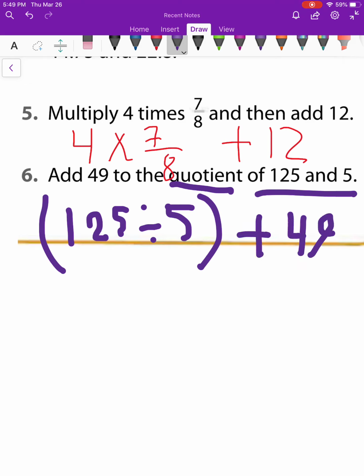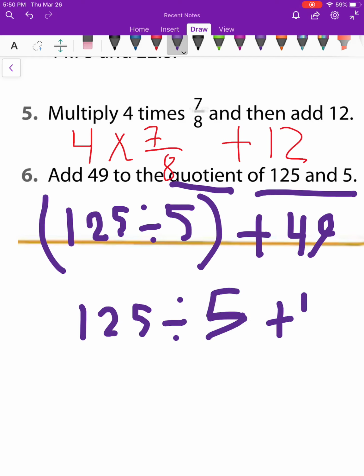So I can write it like this, or I can write it like this. This is 5 plus 49, and we can write it like this also.